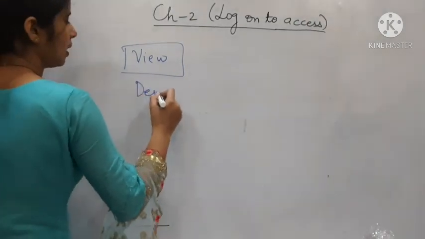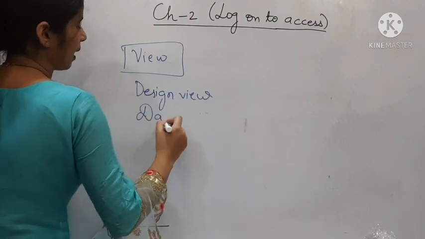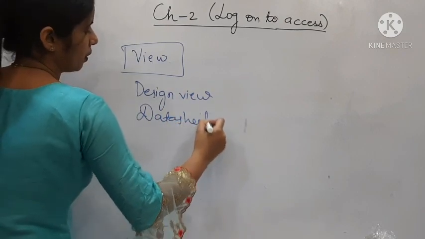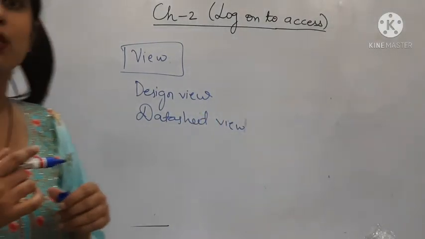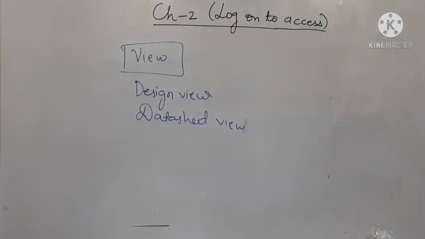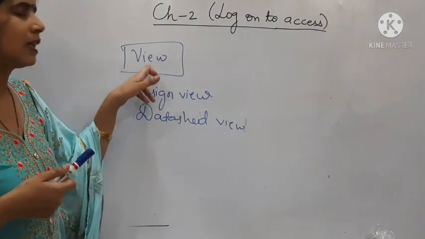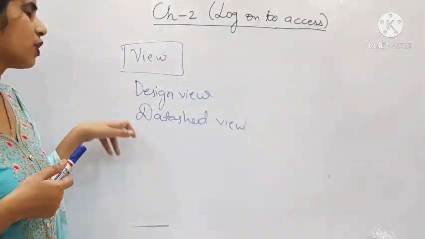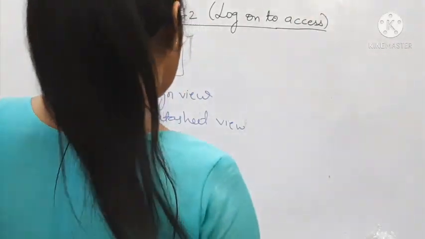The first one is design view and the second one is known as data sheet view. Suppose you are in design view and now you want to go to the data sheet view, how will you move there? You can move there by clicking on this view. So it will show us both of the views. You can switch to any of the views there.